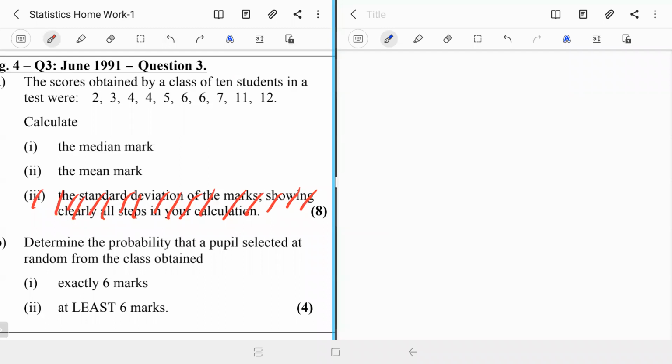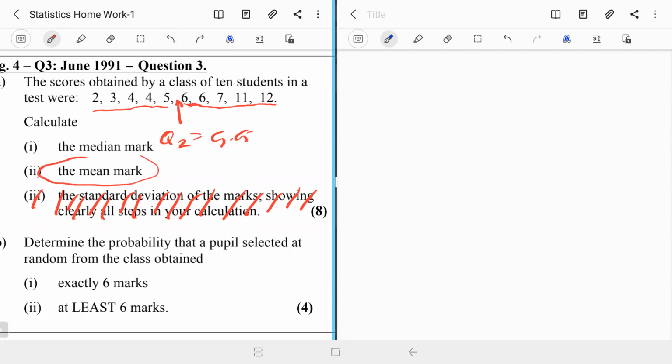Since there are 10 values, you divide it into 5 and 5, and add the median right in between, which is Q2. And Q2 is going to be what? Based on those values, the median is 5.5.